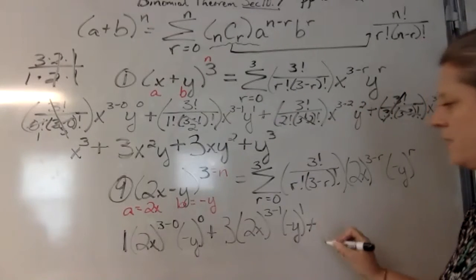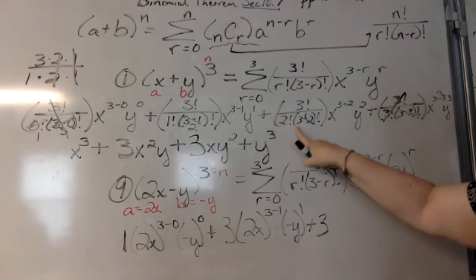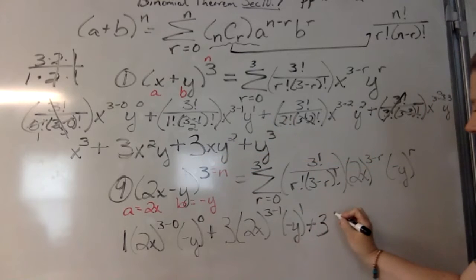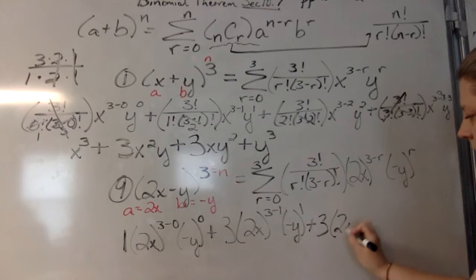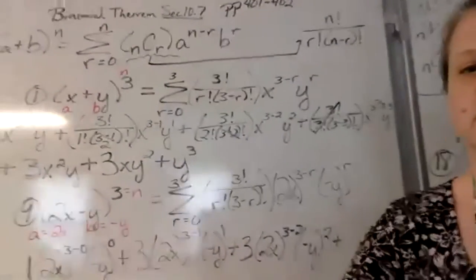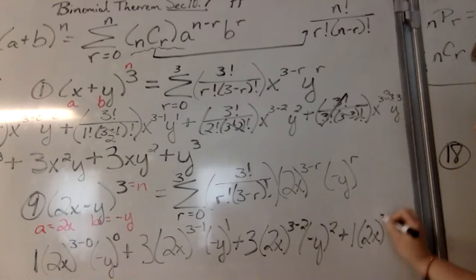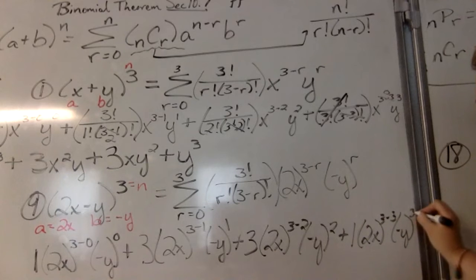Then I let r be 2. So I have 3 still. Remember, this part still was equal to 3. So I have 3, and then 2x to the 3 minus 2, negative y to the 2. And then my last one has a 1, and then 2x to the 3 minus 3, and negative y to the 3.